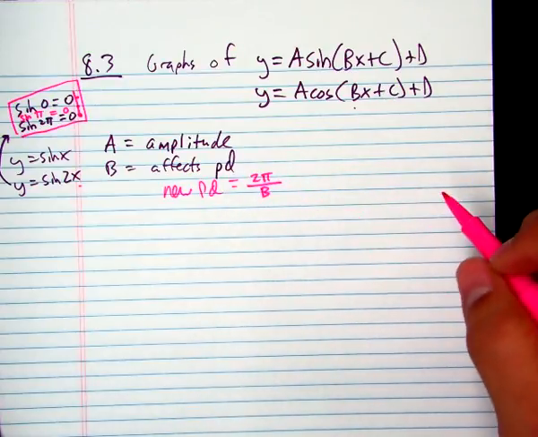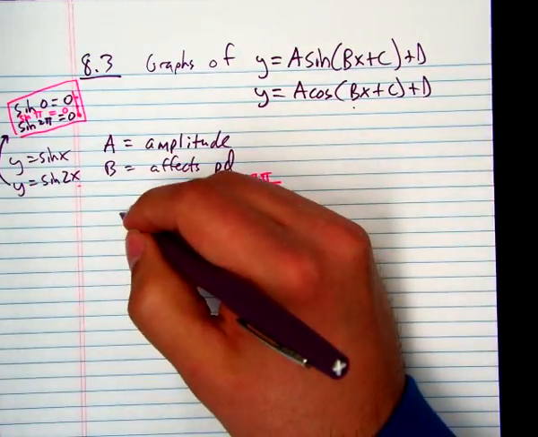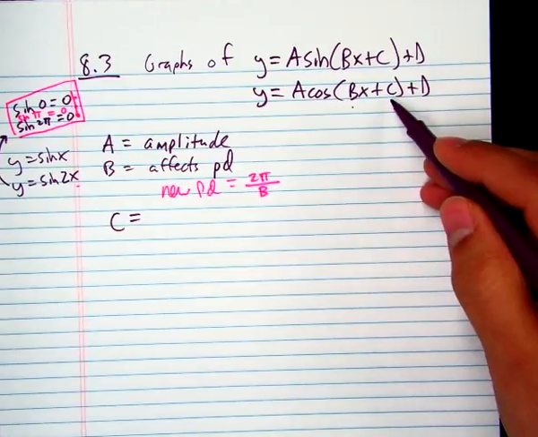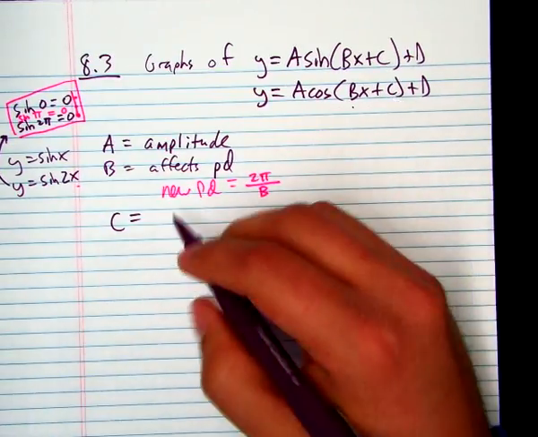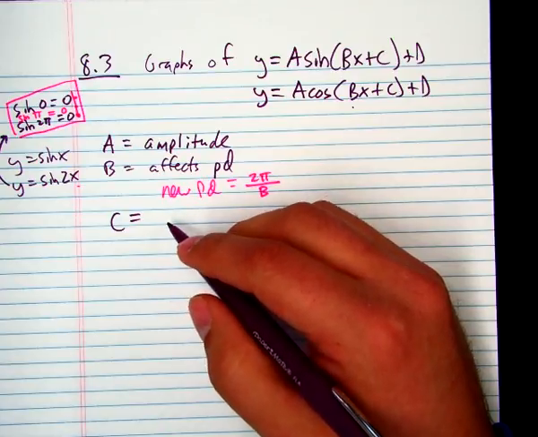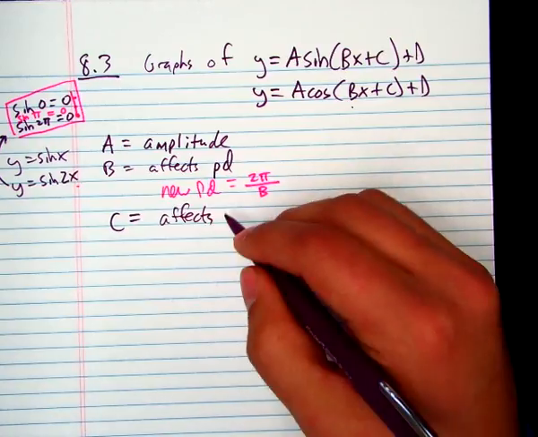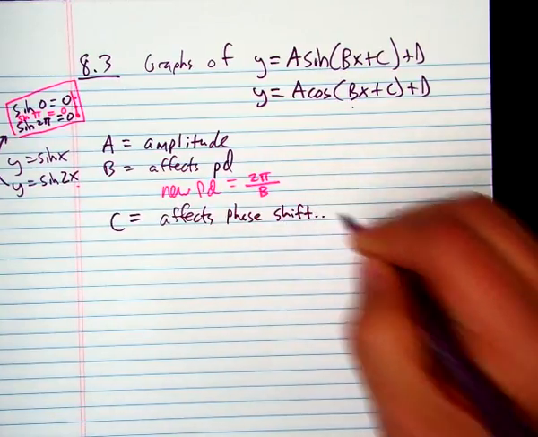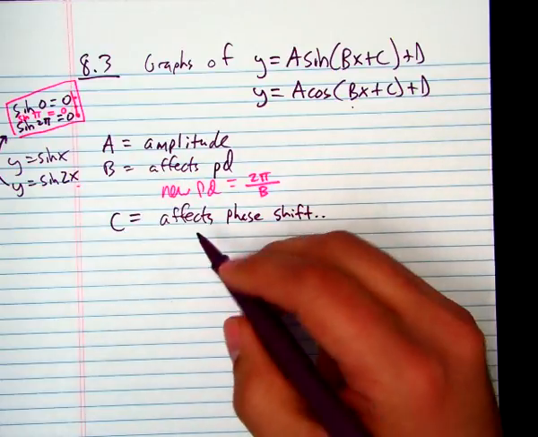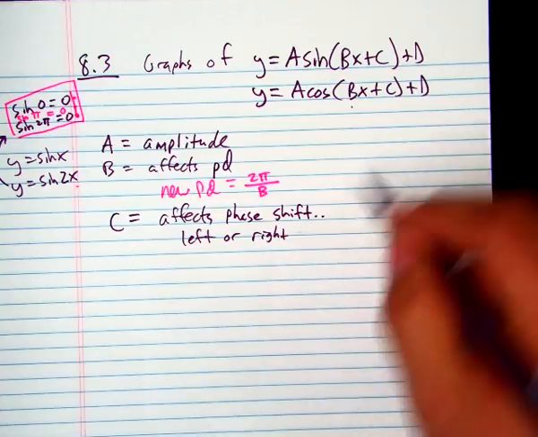Okay? Now C, we investigated a little bit yesterday, right? What did C do? Left or right? Shifts it left or right, right? That's called a phase shift. Okay? So left or right, whatever C is.